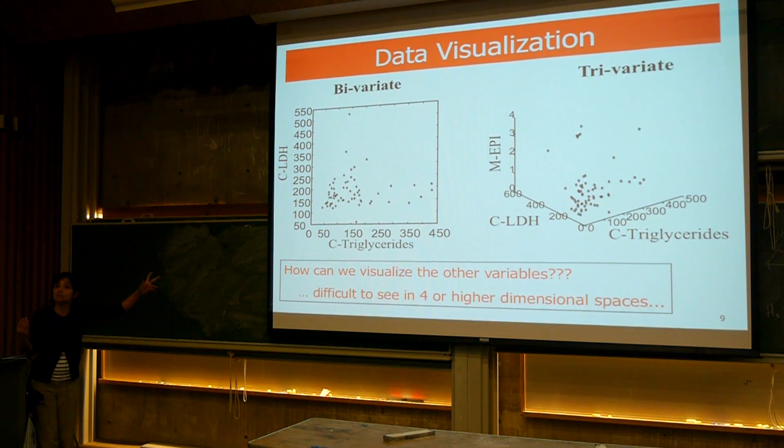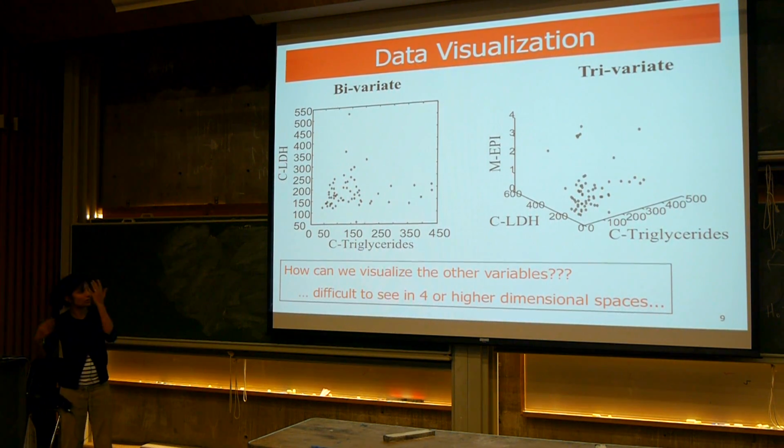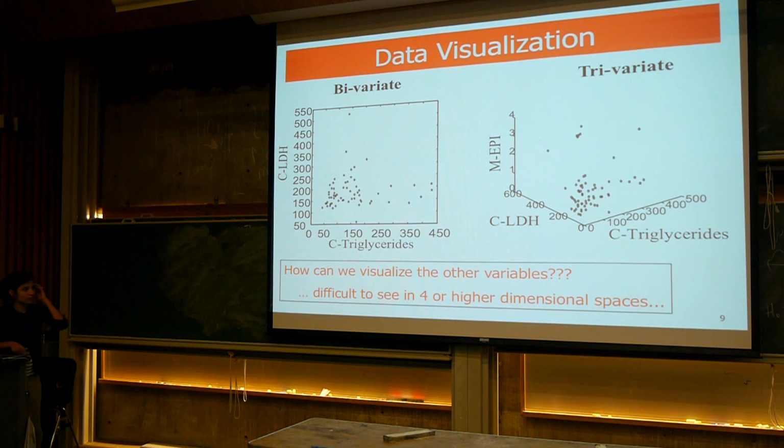You can look at all pairs, all triplets, and so on, but it still doesn't give you a holistic picture of how these points are placed when you are talking about your large feature space, all 53 dimensions. So how do we visualize our data while taking information from all of these dimensions into play?